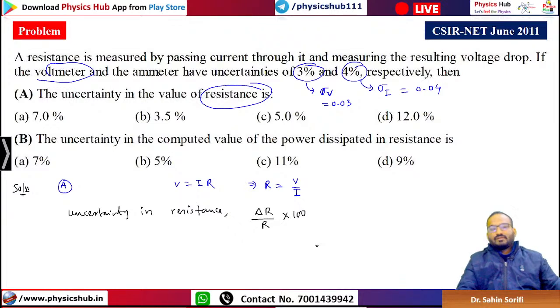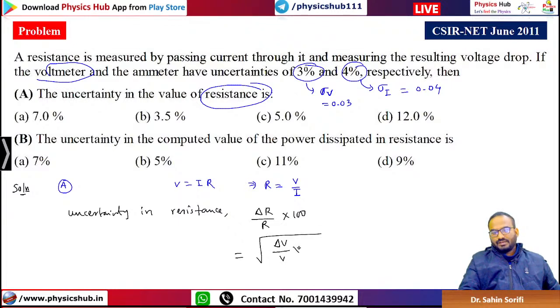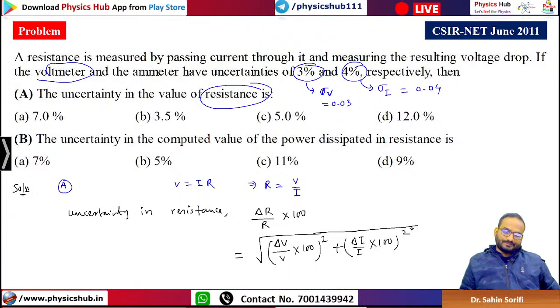Yeah, uncertainty in the value of resistance is given by this, and this is equal to, look, everything we are calculating in terms of the square root of (delta V by V into 100) square plus (delta I by I into 100) square. So this formula is being applied.